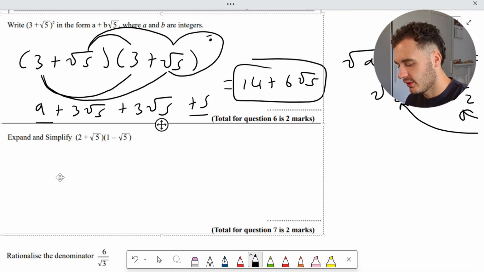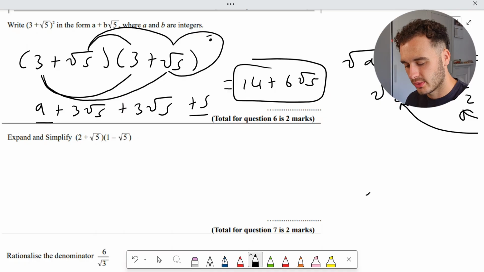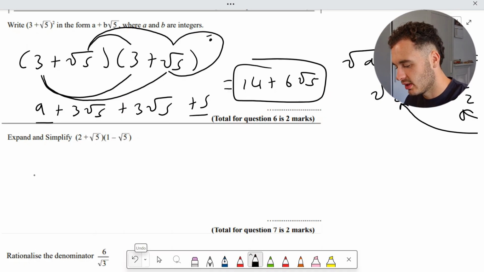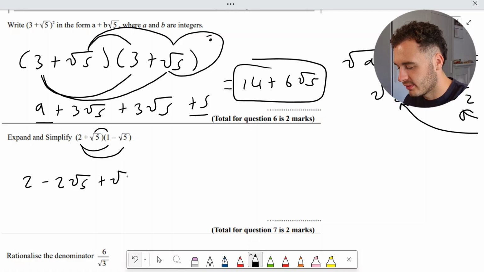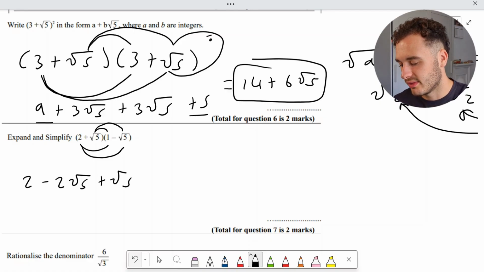Okay, so first calculation we do, if we're going to expand these brackets, we're going to do 2 times by 1, which is 2. 2 times by minus root 5 is minus 2 root 5. Root 5 times by 1 is just root 5. And then root 5 times by minus root 5 is just going to be minus 5.